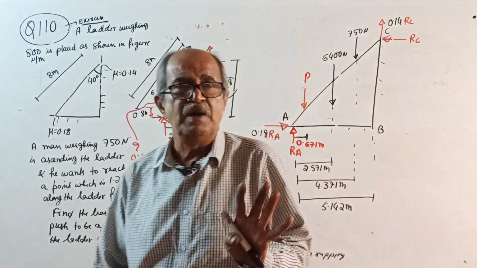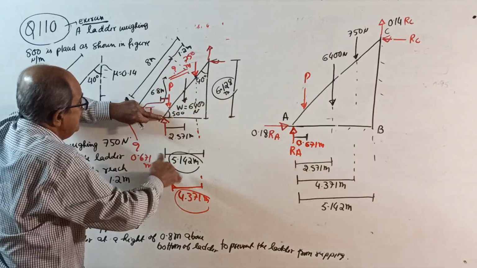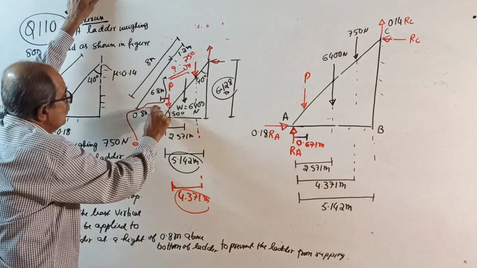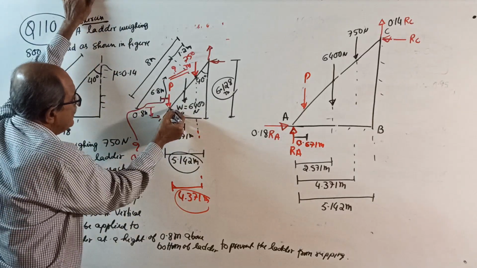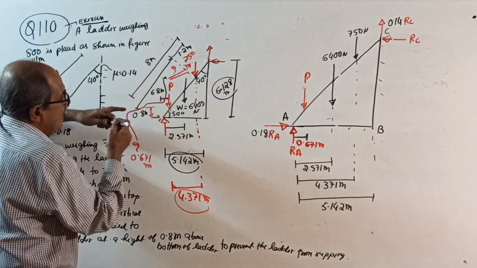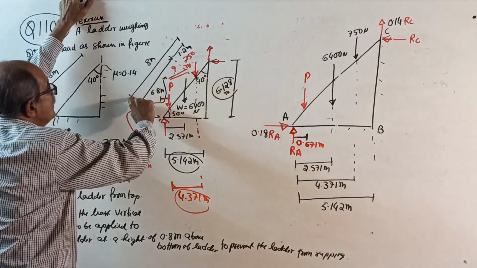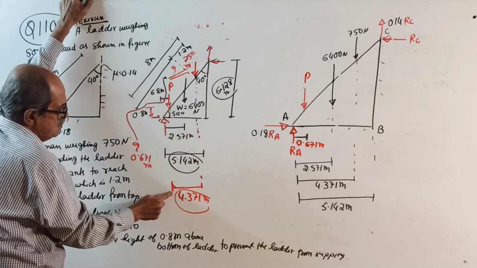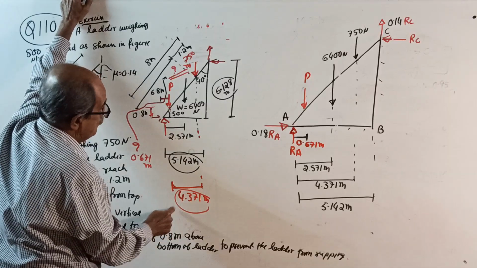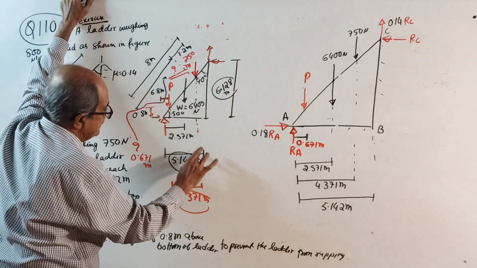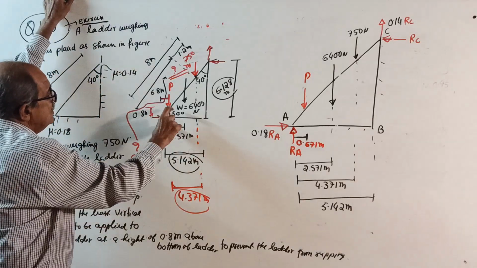Just make a note, I am removing everything now. When you take moment about this point, you require P into this distance. The height they told is 0.8, so this horizontal distance is required. You can create a small triangle here. Along the height, 6.8 for 8 with respect to the total length 5.142 will also do, or you can use trigonometry.